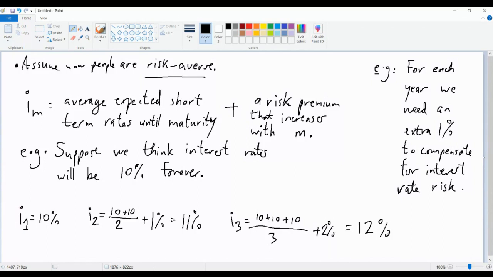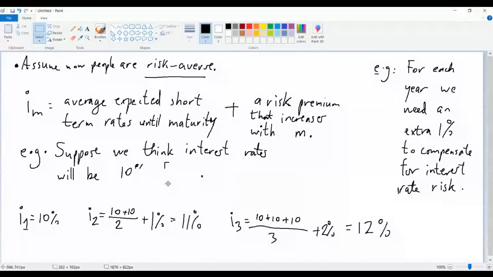Of course, that doesn't mean that, once again, these yield curves will always necessarily slope up. So to see that, let's do the following.